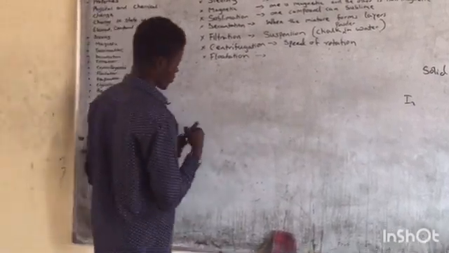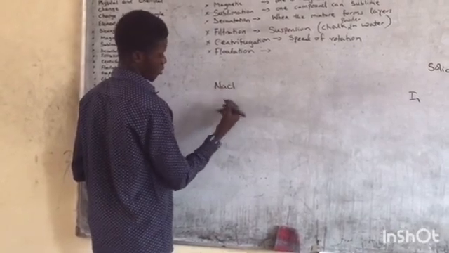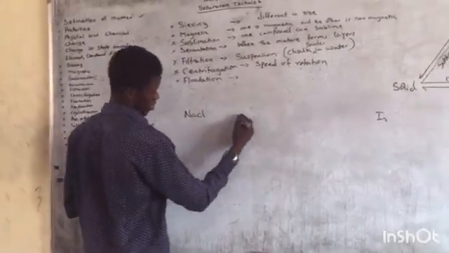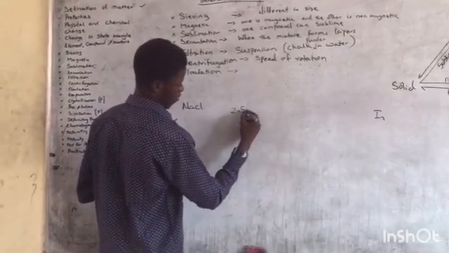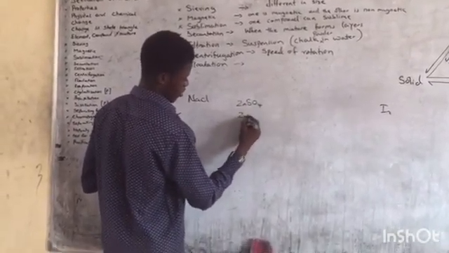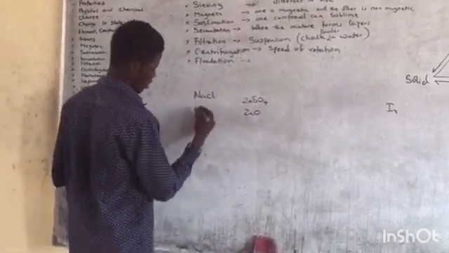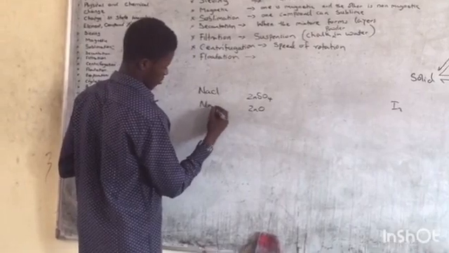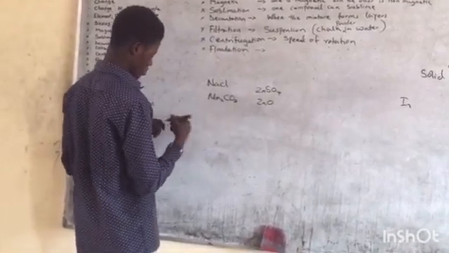For example, sodium, most of the time you find it as sodium chloride. Zinc, you find it as zinc sulfide or even zinc oxide, and also as carbonate.